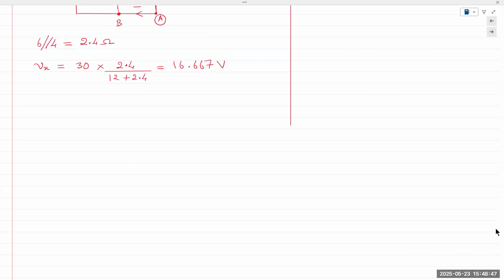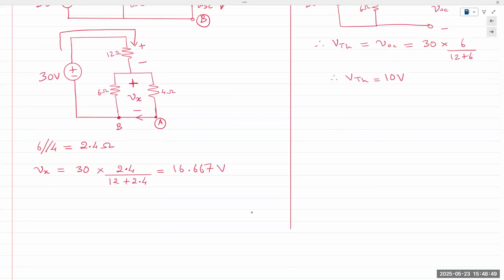So therefore, what is my ISC? Oh, that's right. Sorry. So 2.4 divided by 14.4. Oh, current is 0.1667. So what is this voltage? Okay.